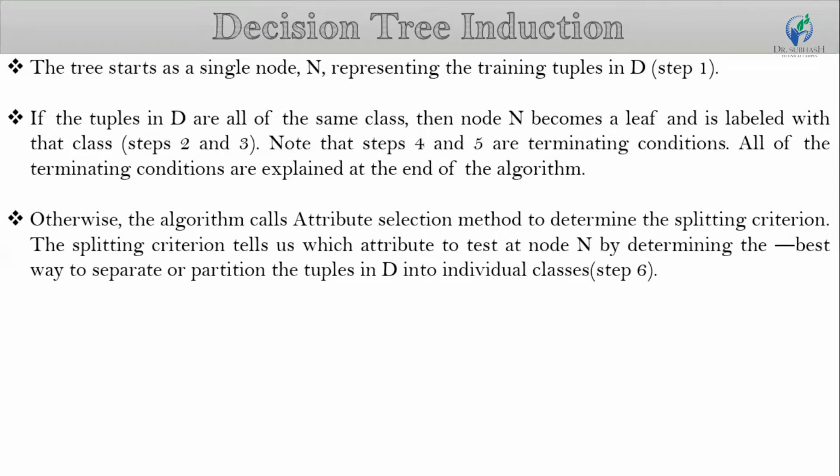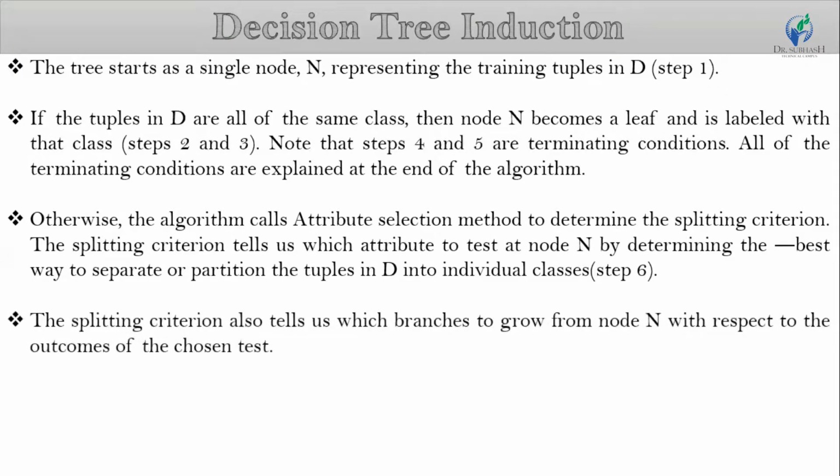Next, the splitting criteria also tell us which branch to grow from node N, which represents the outcome of the chosen test. More specifically, the splitting criteria indicate the splitting attribute and may also indicate either a splitting point or splitting subset.